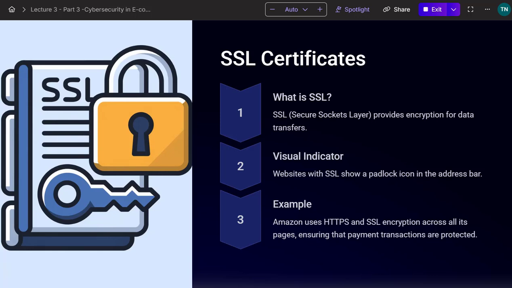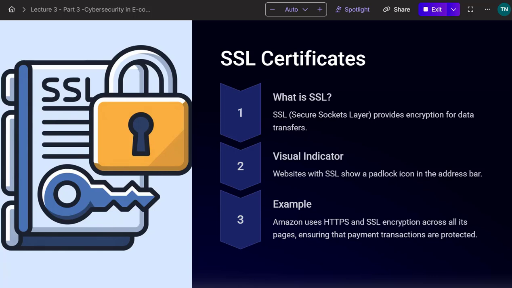We also consider SSL certificates. SSL, or Secure Sockets Layer, is a technology that provides encryption for data transfer, protecting information as it moves between a user device and the website. Websites that use SSL display a padlock icon in the address bar, visually indicating that the connection is secure.